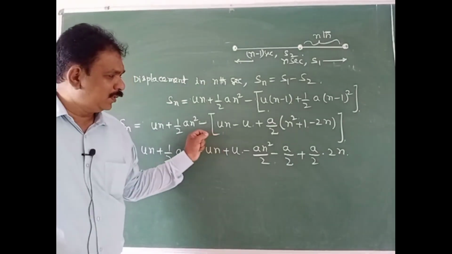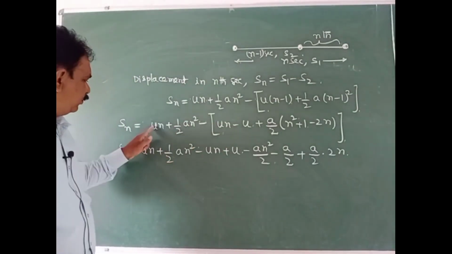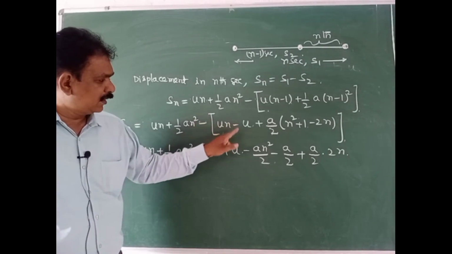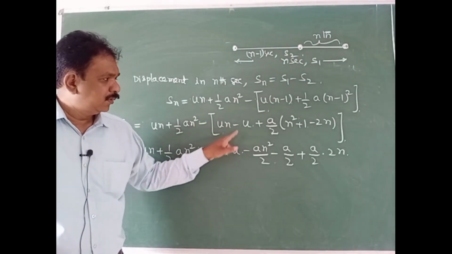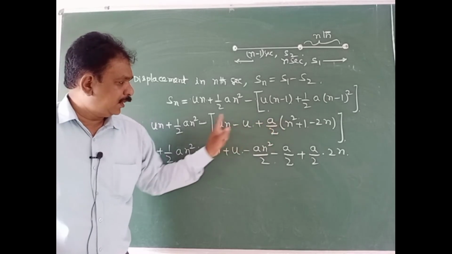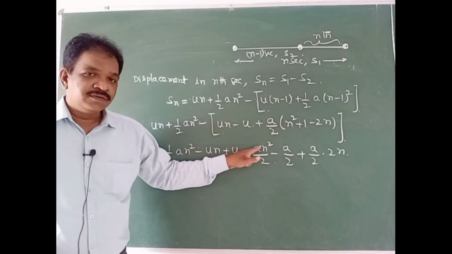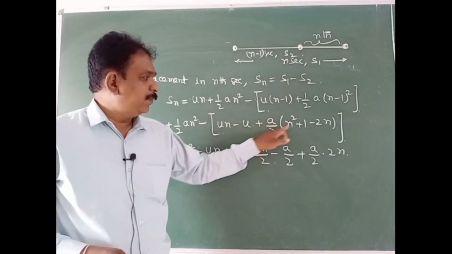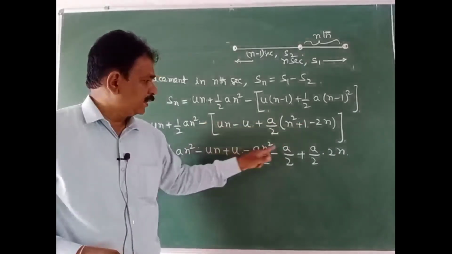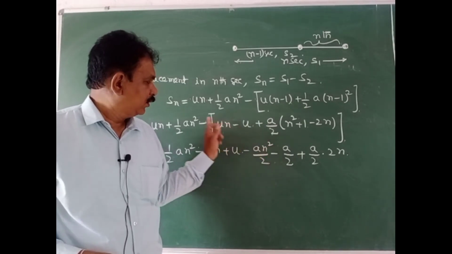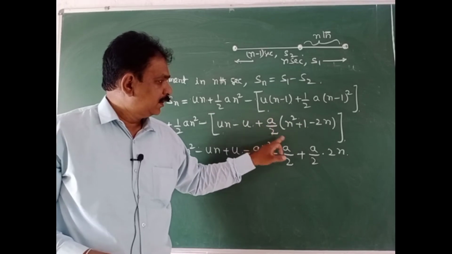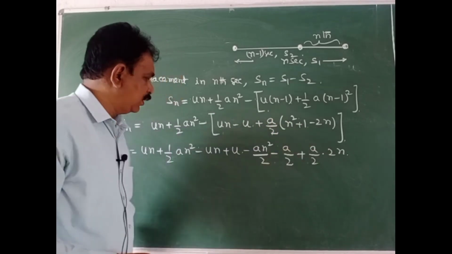It's simple only, mathematical only. Un plus this is same, minus un, minus of minus plus u, minus an square by 2, minus a by 2, minus of minus plus a by 2 into 2n.